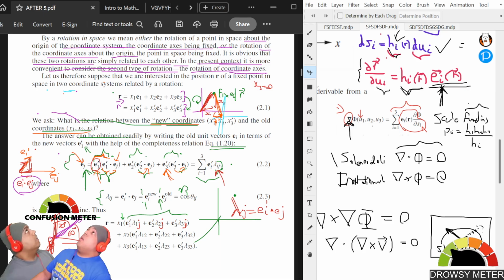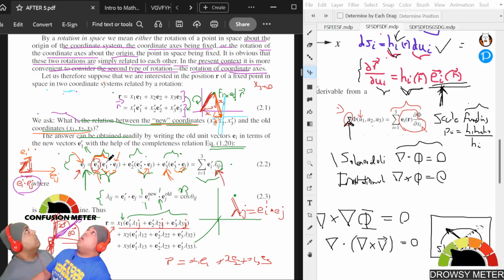Okay. X1, that's like our original length. Does R equal X1 EJ? Okay, I see. R equals X1 E1 plus X2 E2 plus X3 E3, right? We found that E1 is this big thing, so we just put it back here. Okay, I get it.